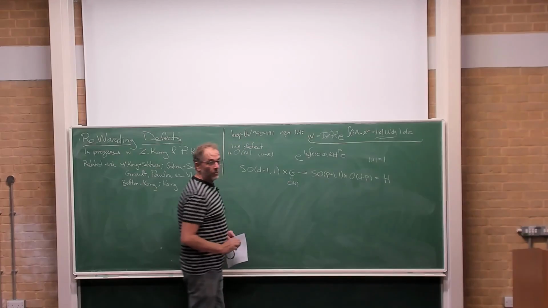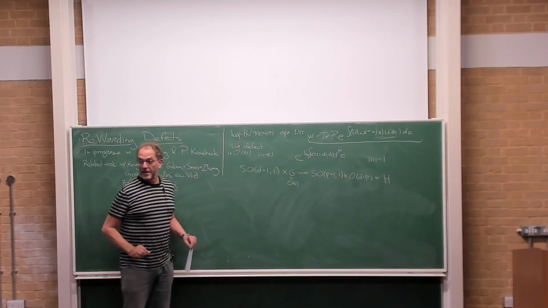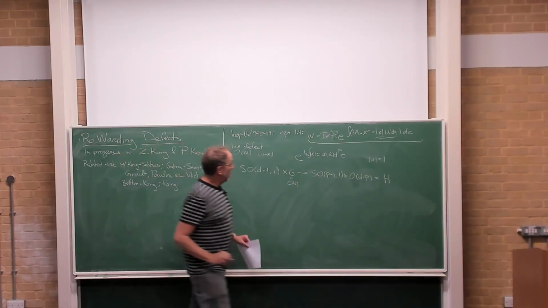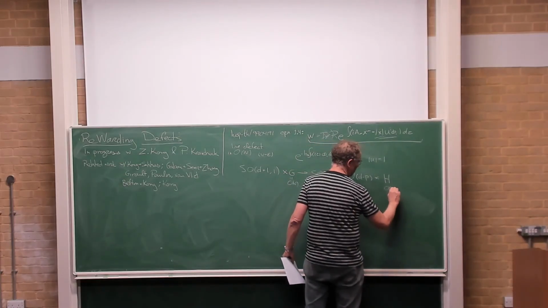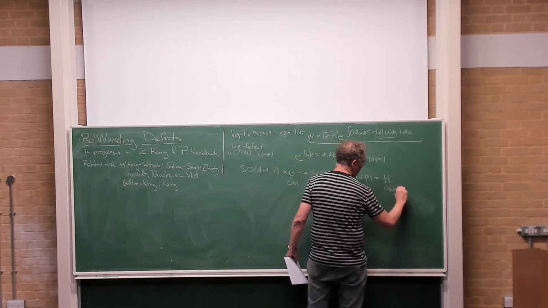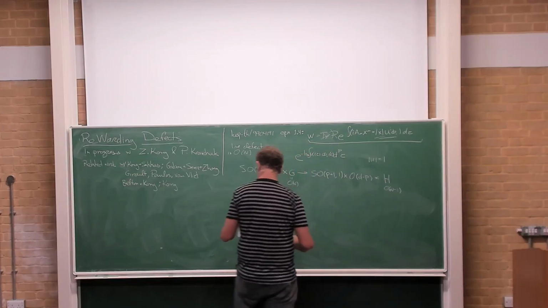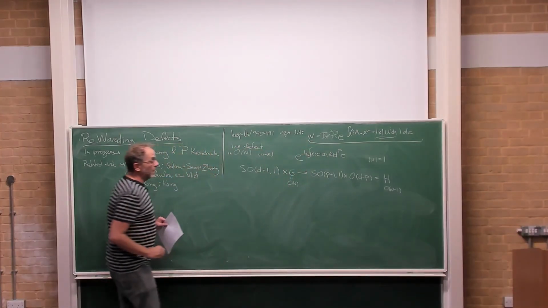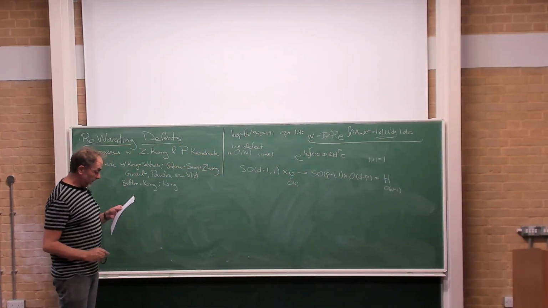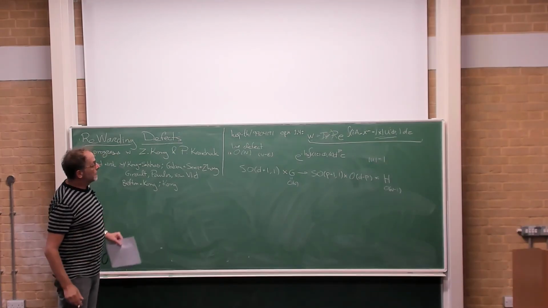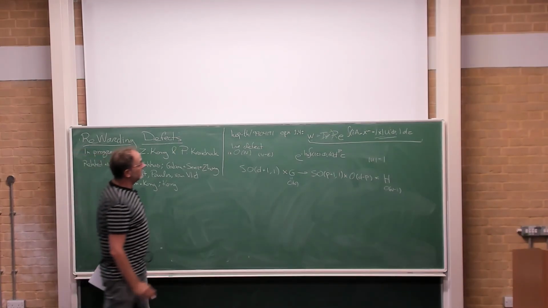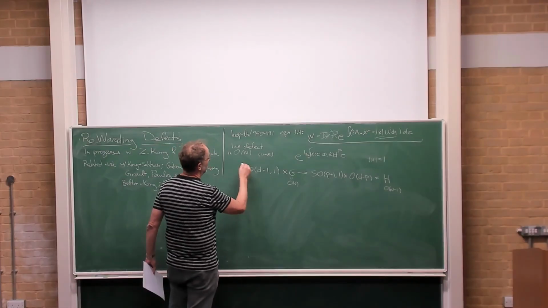If you like N=4 super Yang-Mills, you can take N to be 6. And let me take H to be O(N-1), but I will talk a little bit also about more general cases. And this is for the symmetric defect.